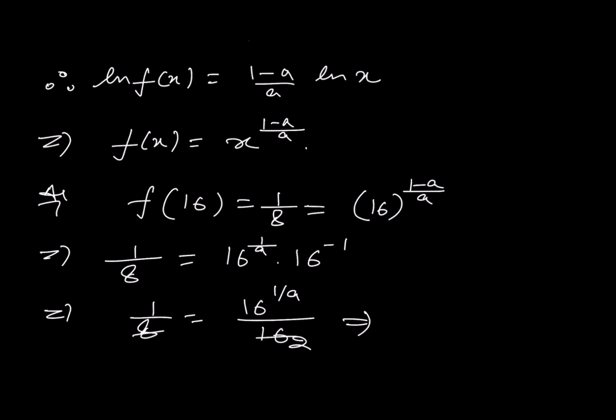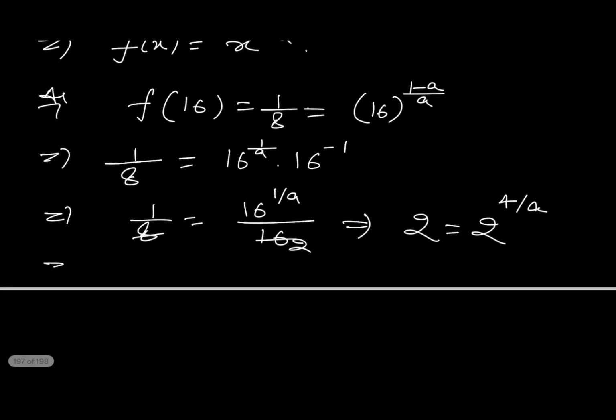So if I cross multiply, then it will be 2 is equal to 16 to the power 1 by a. 16 is nothing but 2 to the power 4. So 16 to the power 1 by a is 2 to the power 4 by a. So if I compare the powers of 2 on both sides, then 4 by a is equal to 1, which implies a is equal to 4, right?